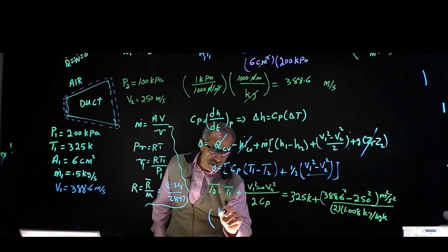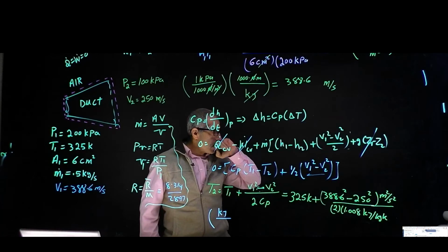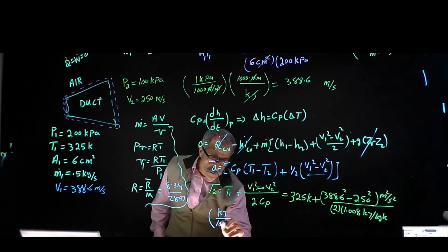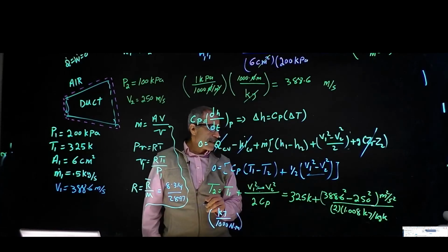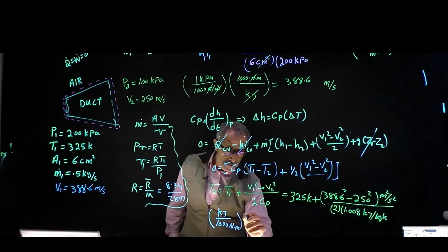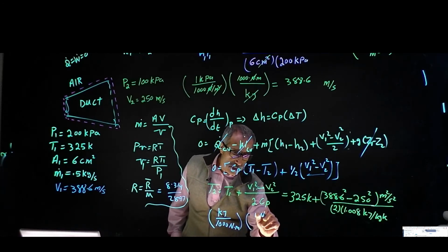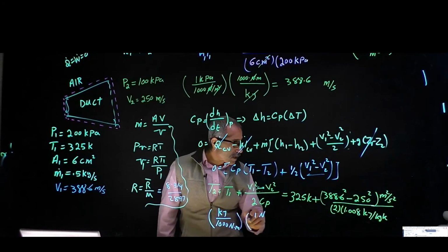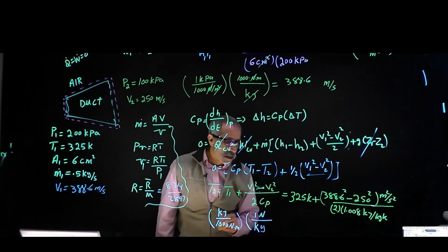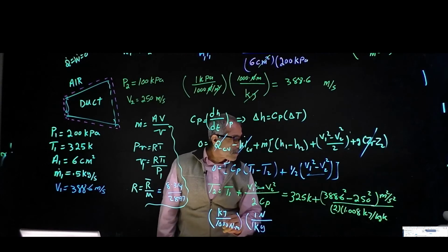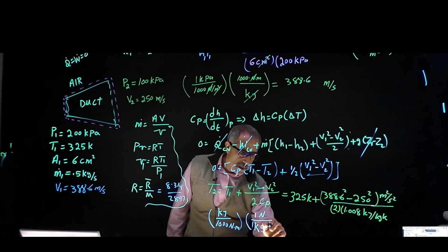We know 1 kilojoule is equal to 1,000 Newton meter. And then the next one, 1 Newton is what? We know 1 Newton is 1 kilogram meter per second squared.